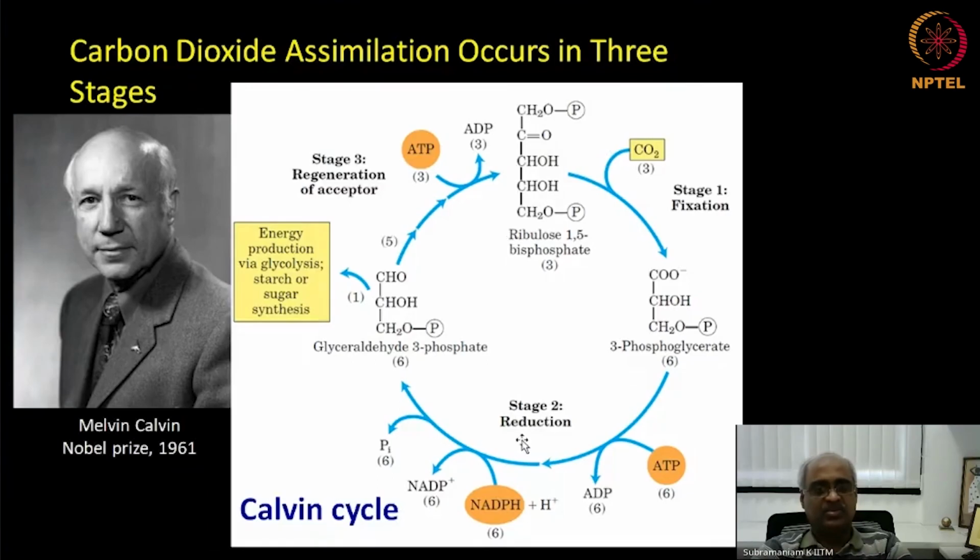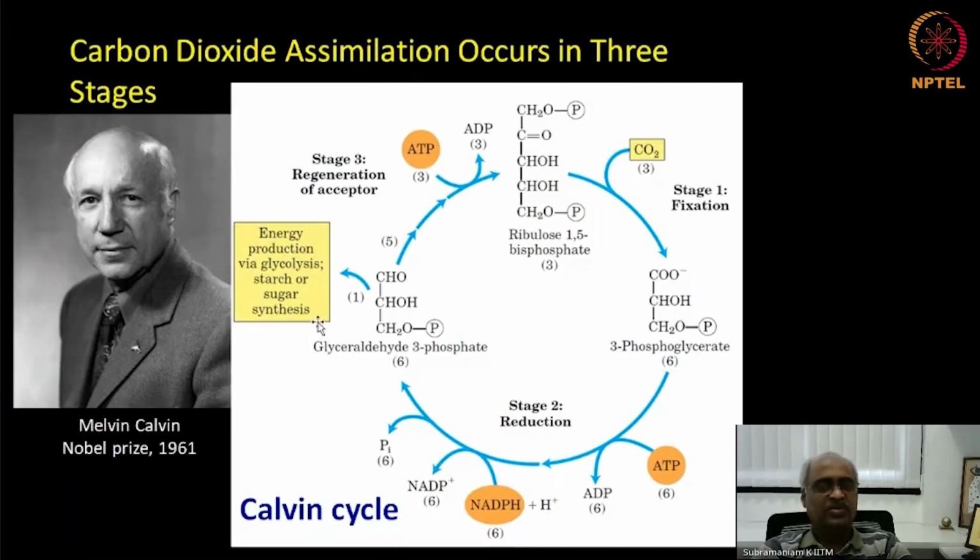So this is the stoichiometry. 3 carbon dioxide are fixed with 3 ribulose bisphosphate, producing 6 trioses. Whether you are talking about this or this, 6 of them, of which 5 are going to make 3 of this pentose, and 1 is the net gain.